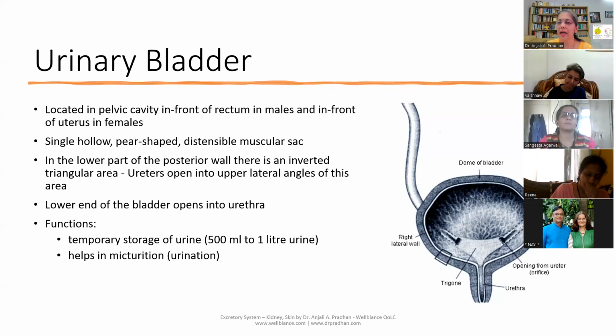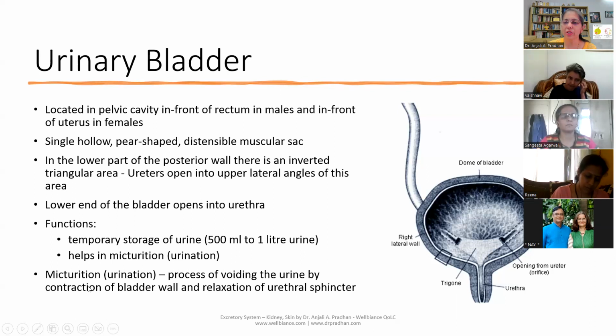When it crosses 500 ml, then you will get the urge to micturate, और अभी हाँ urine pass करना है. Okay, so it also helps in micturition. We'll see how is the process of micturition during the course. Okay, आगे देखें.